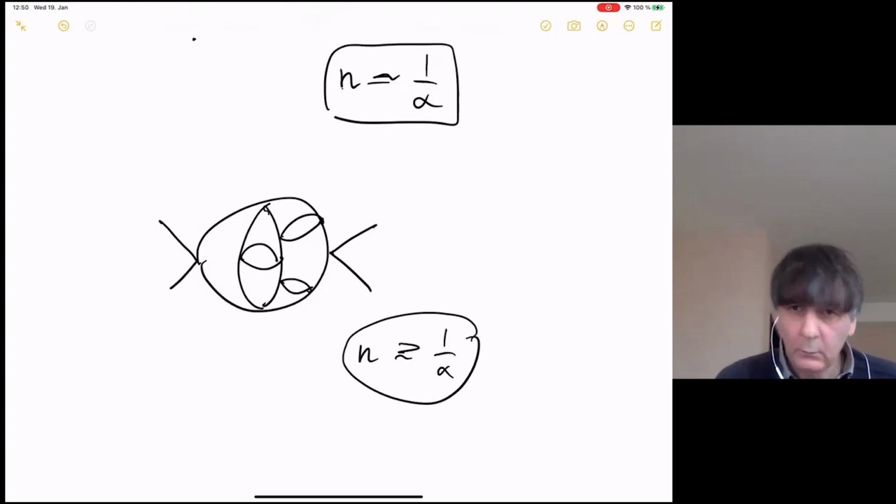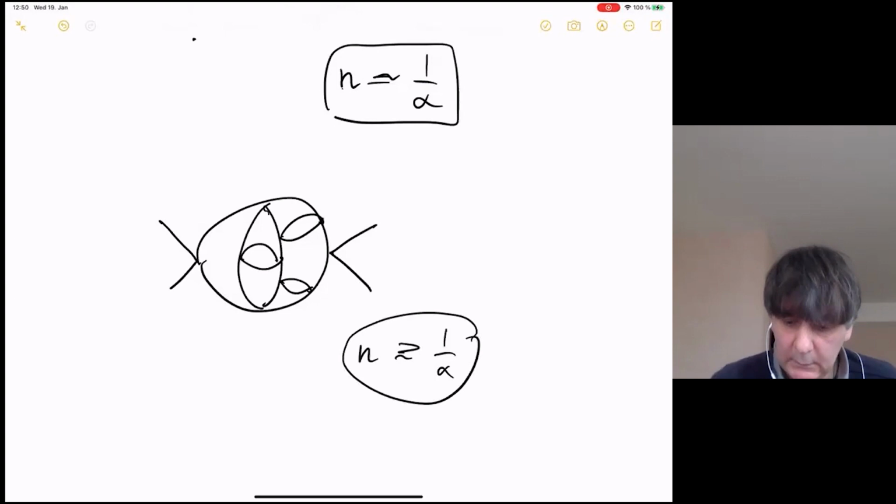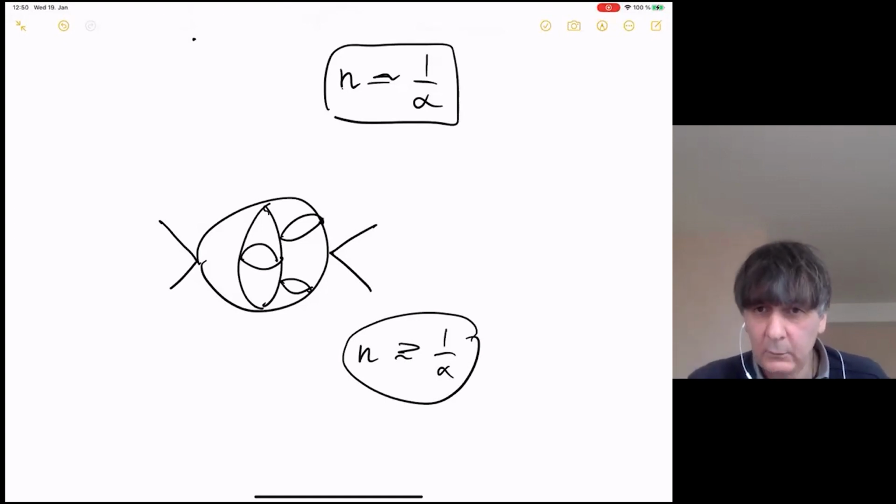Beyond that, we have to do exactly the same in loops. We have to resum. This breakdown of perturbation theory, whenever we have either a large number of final or initial particles or a large number of particles floating in the loops, is a generic feature of quantum field theory. That's why we say that they are asymptotic series.